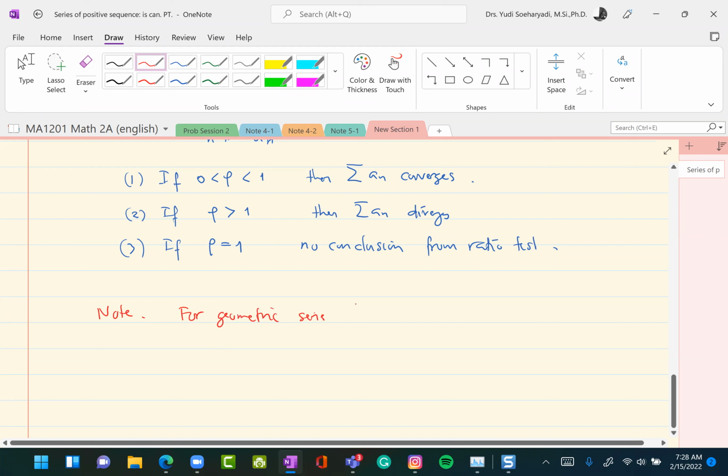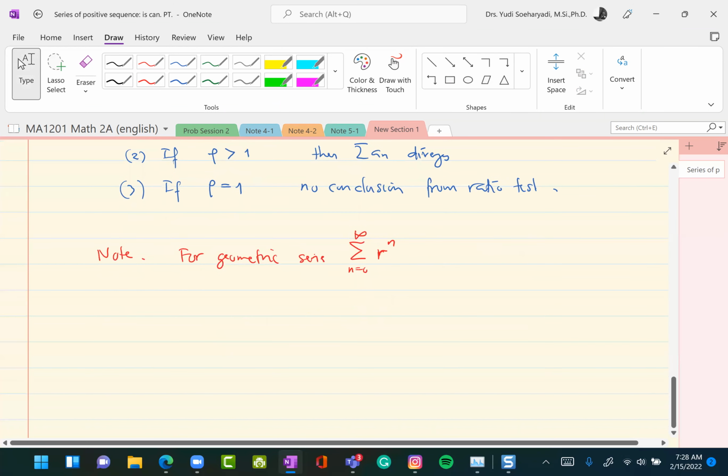A geometric series is always something that looks like this one, so this is a_n.